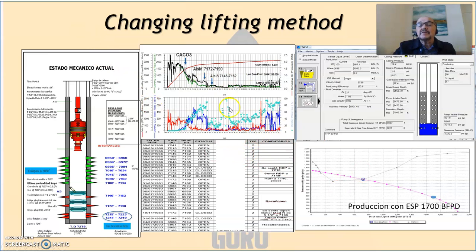This was a successful case. But the message here is that we can go back to these zones, treat them with acid, and get oil from this zone. There's still oil there. It's not just water. There's oil.